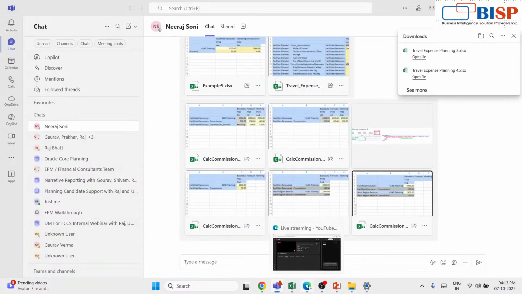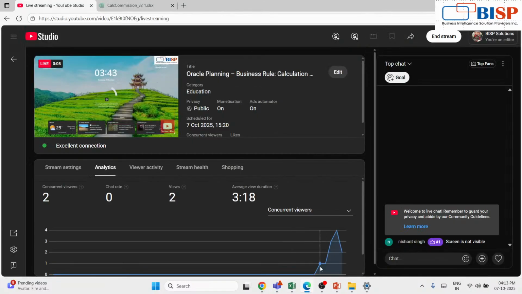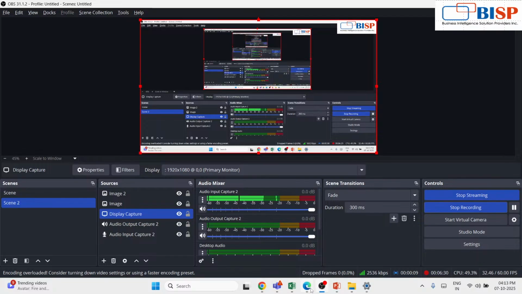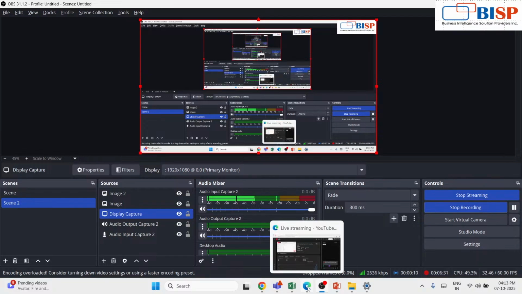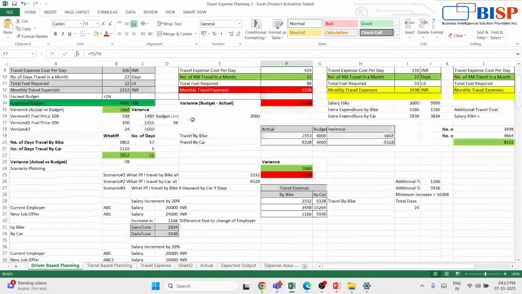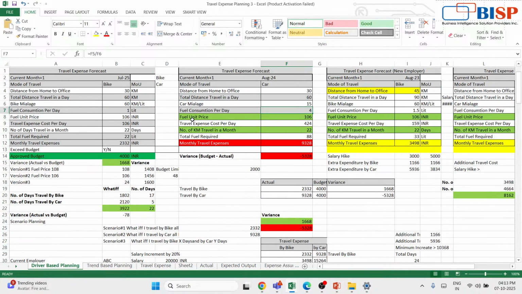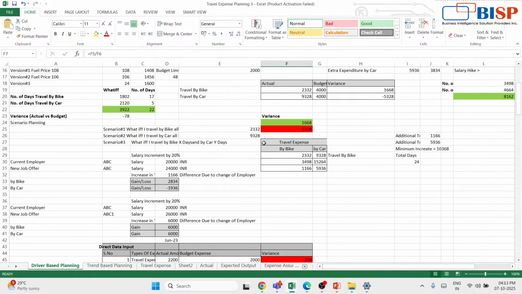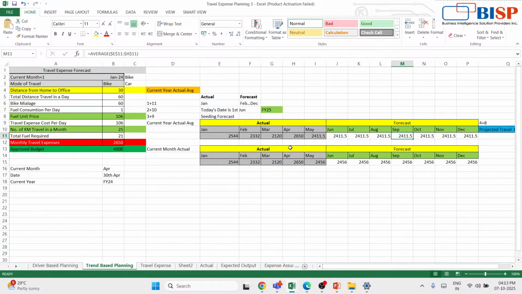Now we have to do the upcoming things. Here in the trend based planning, I could see the actual and forecasted data. We would compare what is the actual thing and the forecasted thing.